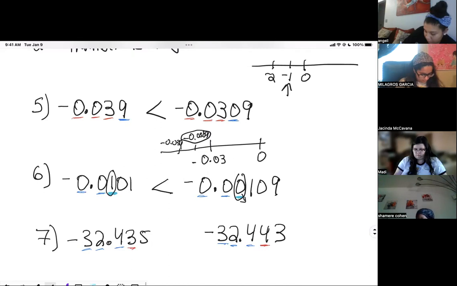Okay. 3 is smaller than 4, right? Which means that's going to be my bigger one in a negative direction. So that means the first one is bigger than the second one. So just be extremely careful when it's negative. You have to think backwards.